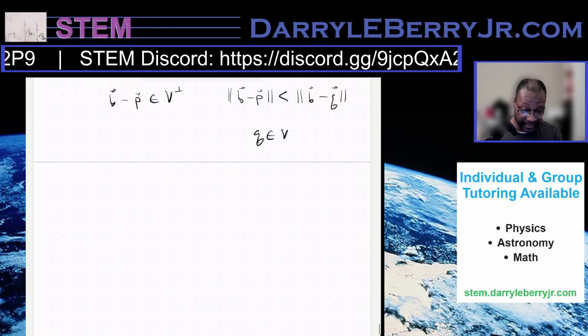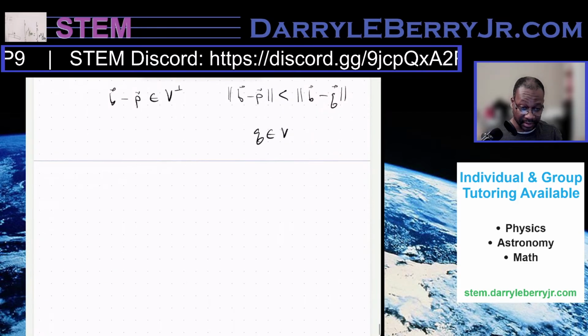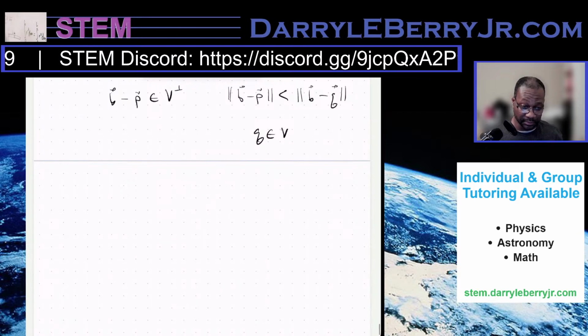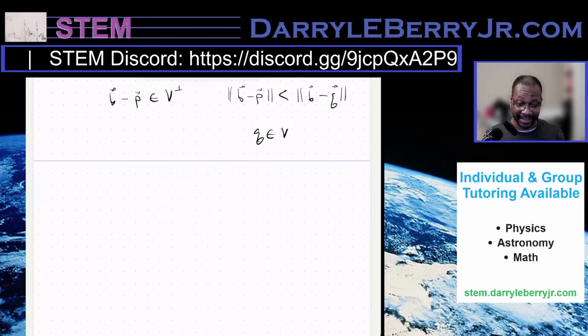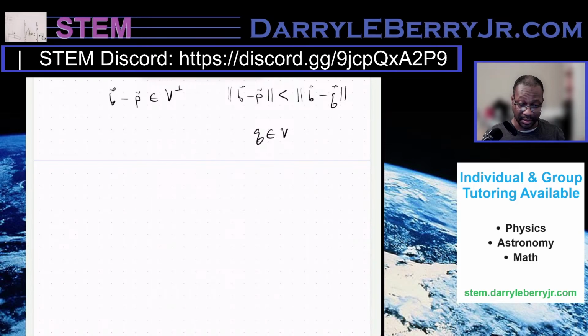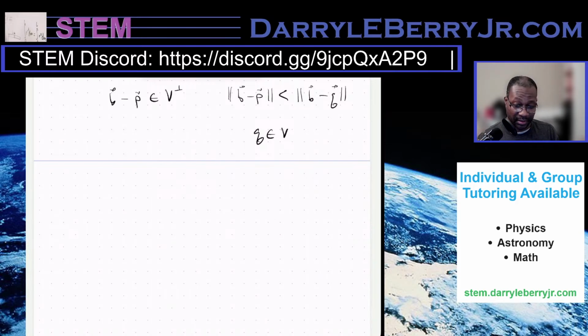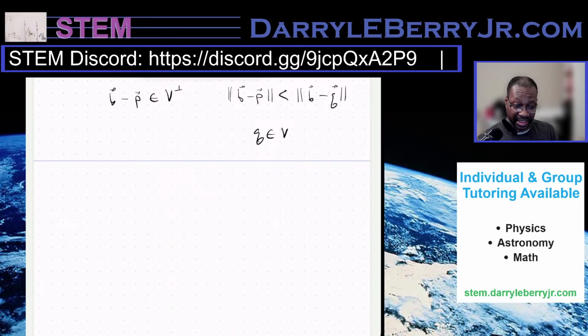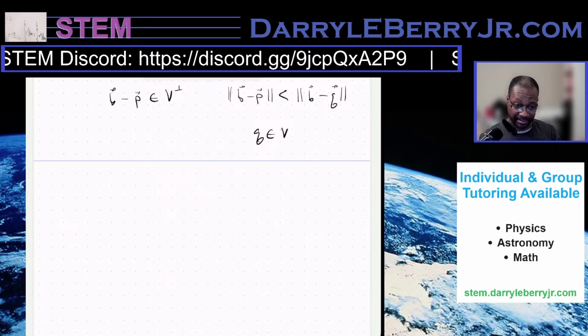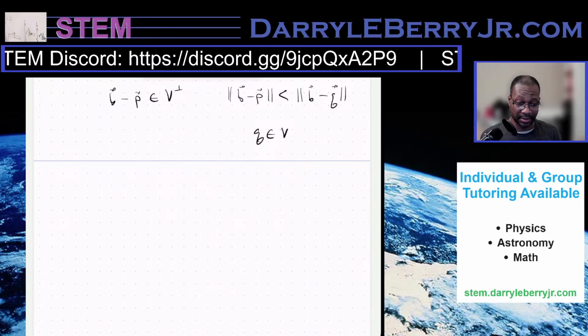That is, if P is in V, and P differs from B by an element perpendicular to V, then P is closer to B than every other point in V because it's connected by a normal line.